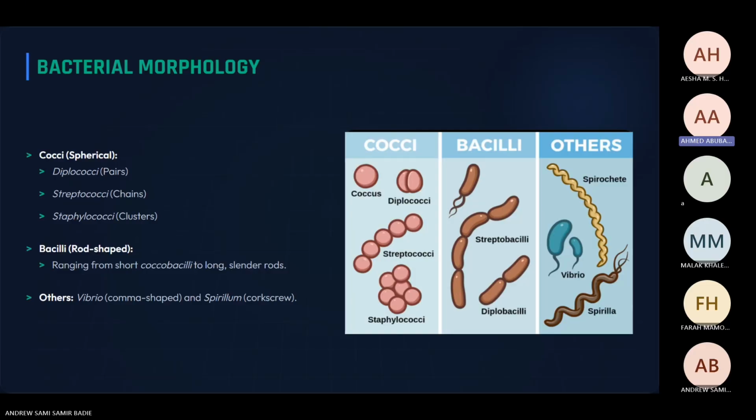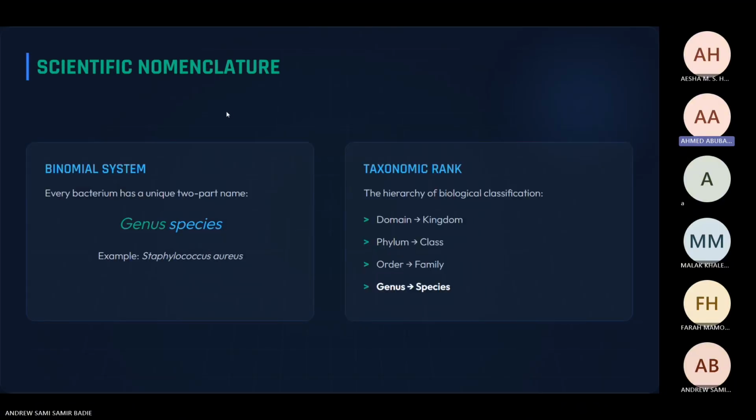Now let's move into an interesting topic, which is scientific nomenclature. How do scientists actually name bacteria? It follows the same binomial system as plants and animals, so they have two names: the genus and the species. The genus, which is the family of the bacteria, is capitalized, and the species, the specific species of the bacteria within the genus, is lowercase.